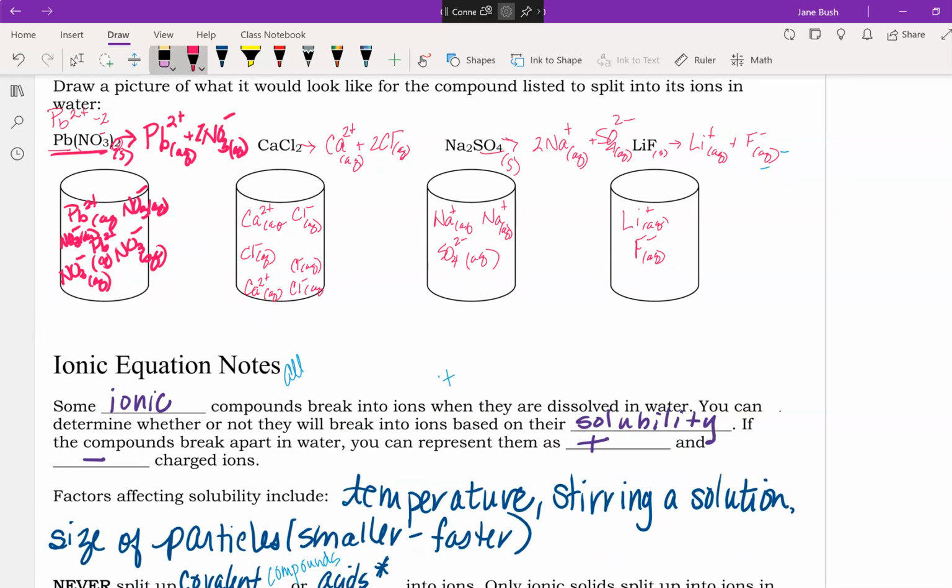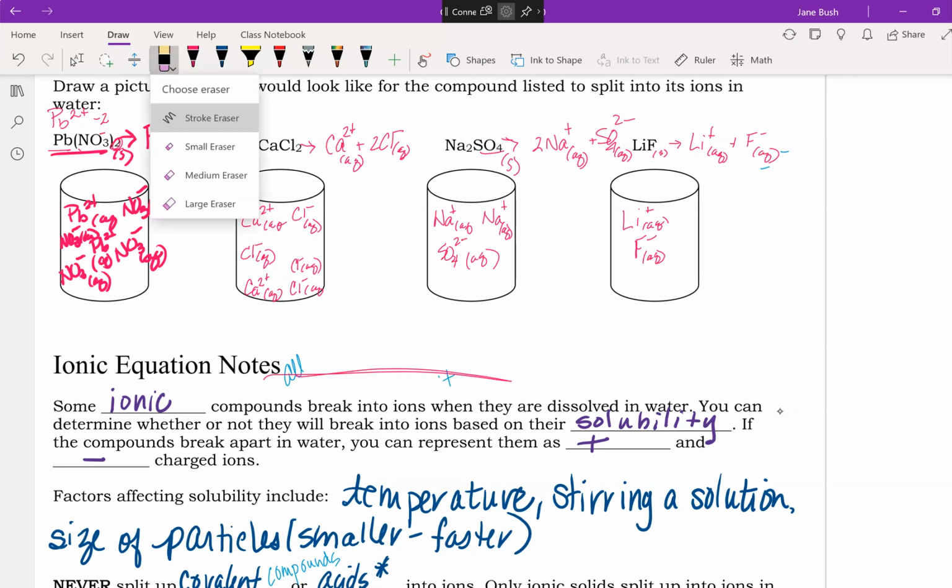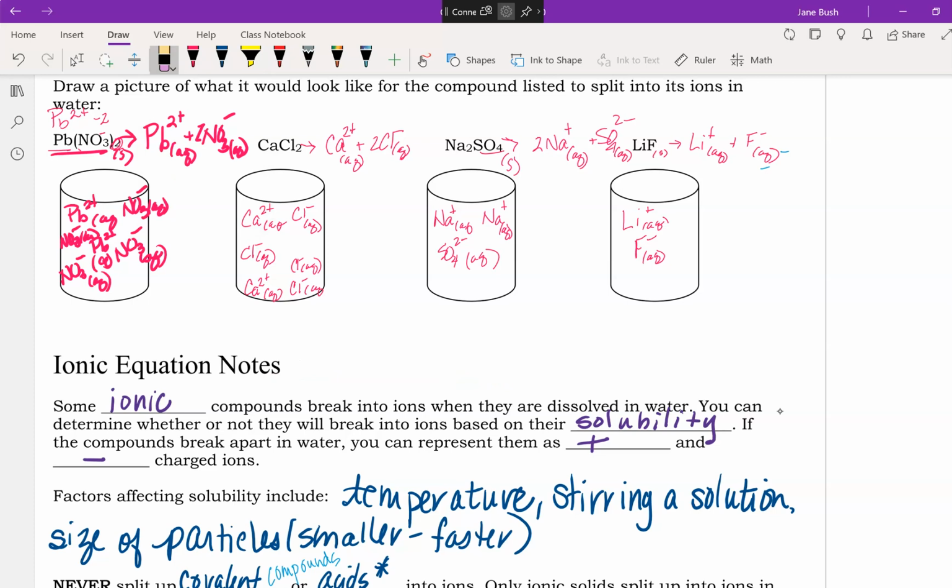So I don't really like the wording of this next part, but we'll go with it. Some ionic compounds break into ions when they are dissolved in water. I would argue that all ionic compounds dissociate at least a little bit. But you have a spectrum of solubility, just like we have the electromagnetic spectrum of different types of light.